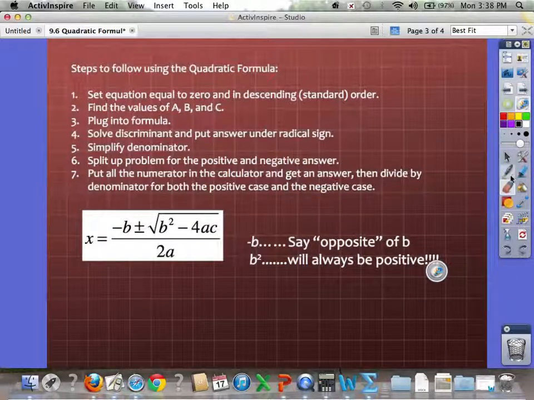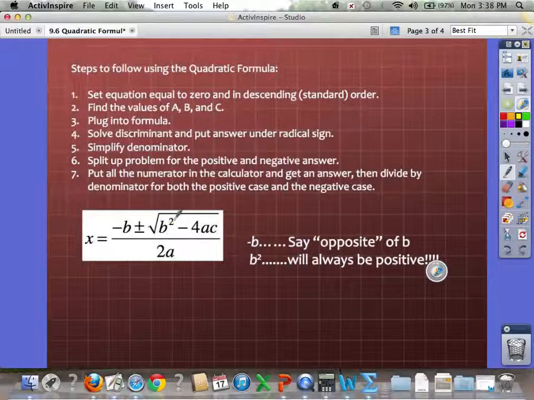So if you will start thinking of anytime you see a minus b in the front, say the opposite of b. So if my b was 6, the opposite would be a negative 6, and that would go there. If my b was a negative 2, the opposite of negative 2 would be positive 2, and the 2 would go there. So it helps you so you don't have to deal with all the parentheses and the negative numbers.